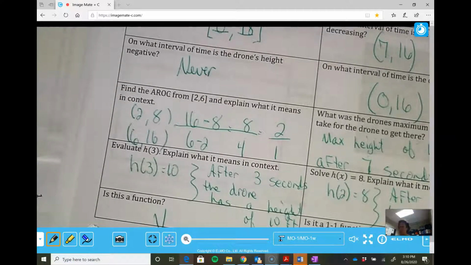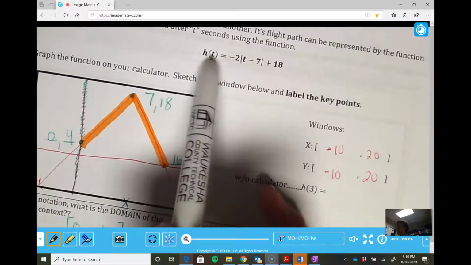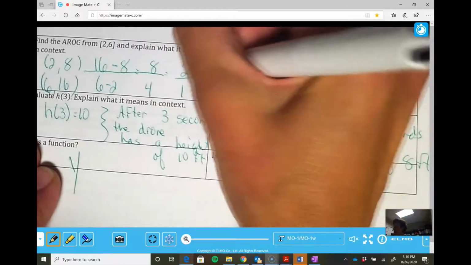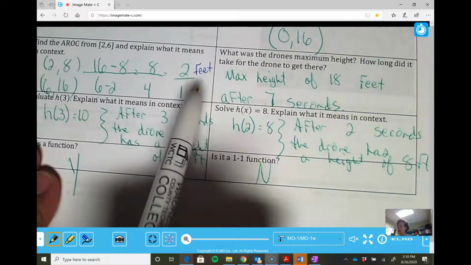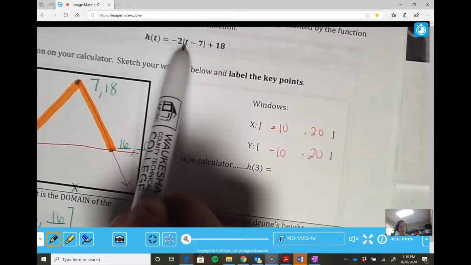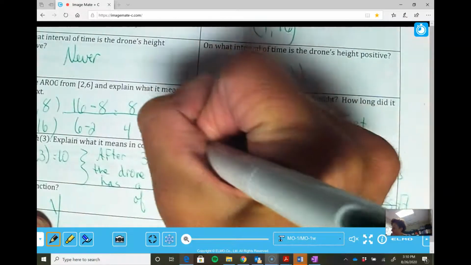So now this is a new one. What does it mean in context? Remember, these are the y's on top, and the y's are the h. So this is our height. That means this is everything that's in feet. And then our x's are in the bottom, and here our x's, they're the t. So this is our time. It's in seconds.